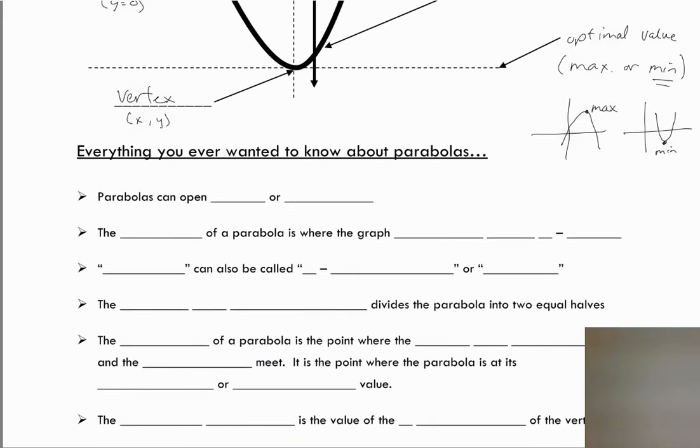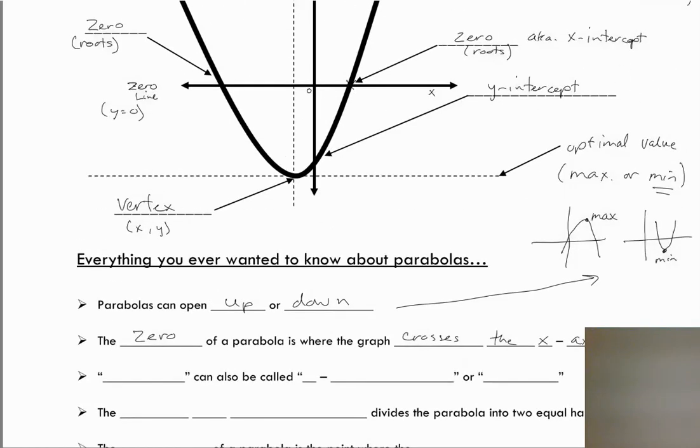Okay, so keep going. This should ring a bell. Everything you ever wanted to know about parabolas. Well, parabolas can open up or down, like we saw over here. The 0 of a parabola is where the graph crosses the x-axis, like we saw right here. The x-axis is this line.